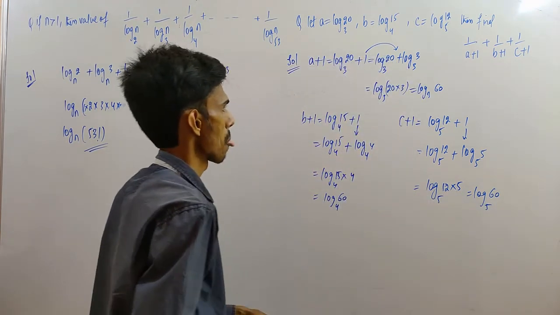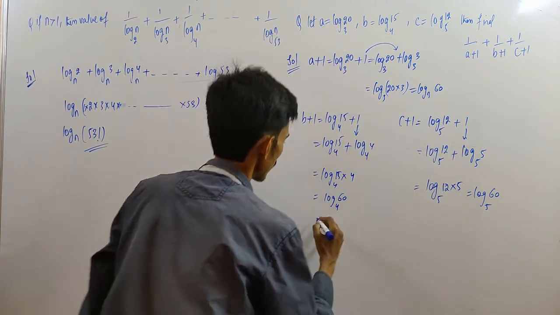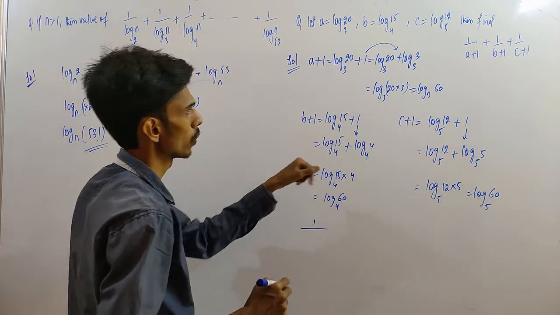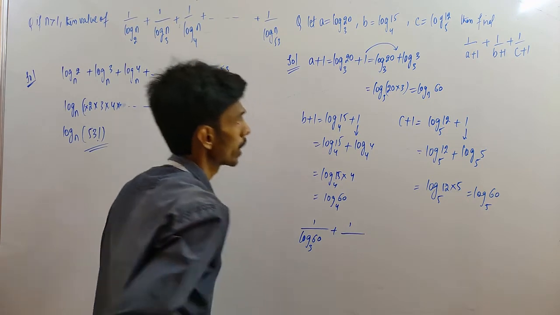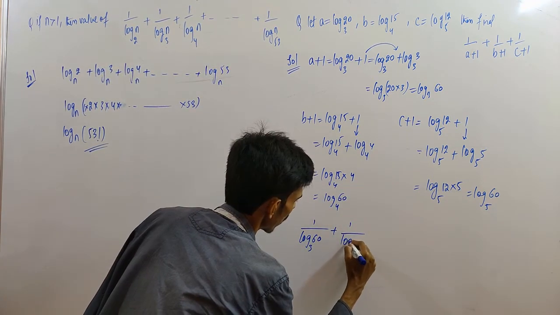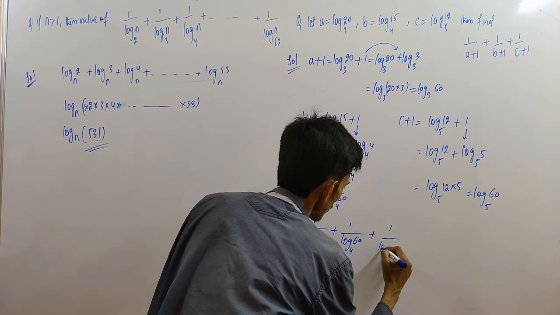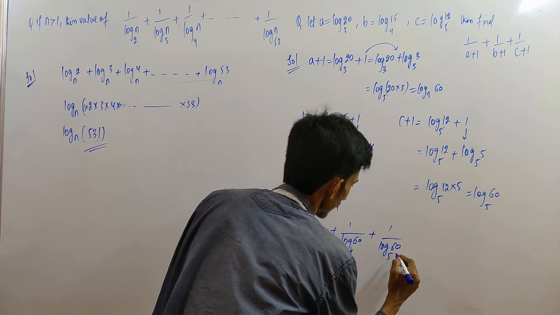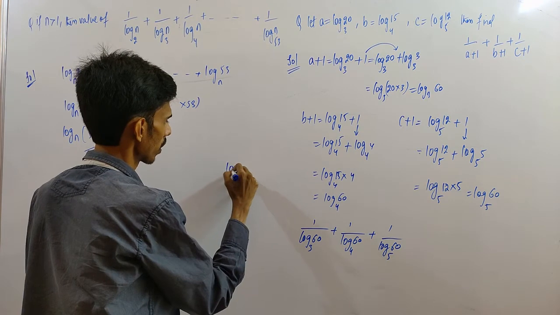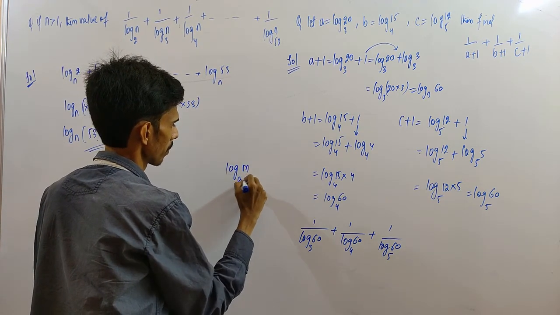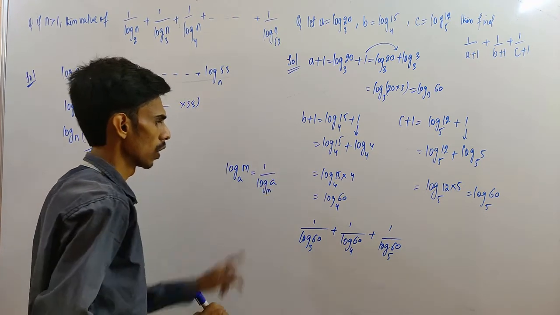We got the a plus 1, b plus 1, c plus 1 values. Now substitute here. We have 1 by a plus 1, the a plus 1 value is log 60 base 3, plus 1 divided by b plus 1, the value is log 60 base 4, plus 1 by c plus 1, the value is log 60 base 5. Now make use of the reciprocal formula, that is log m base a can be written as 1 by log a base m.